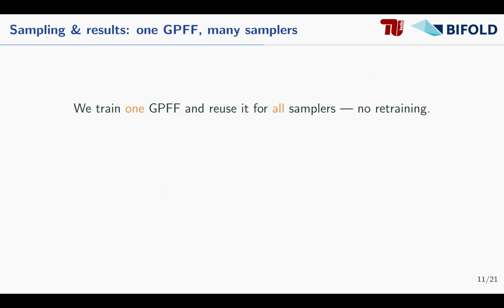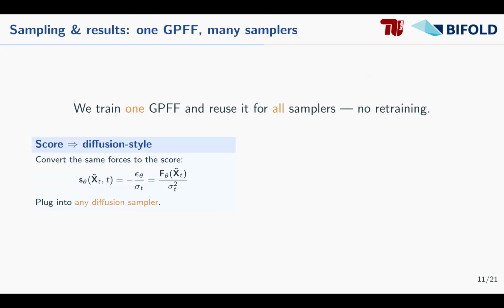And the most important part here is that we only need to train one single GPFF model, and it works for all different samplers that we will introduce. So first, we have the diffusion-style sampling. And this is actually just the standard way of sampling in diffusion models.